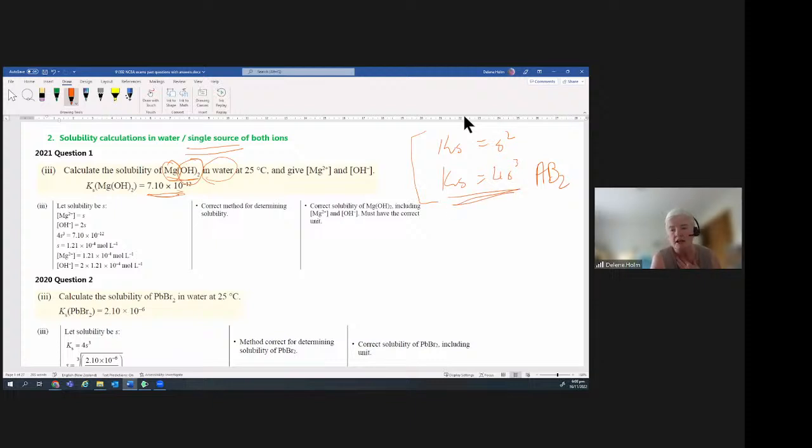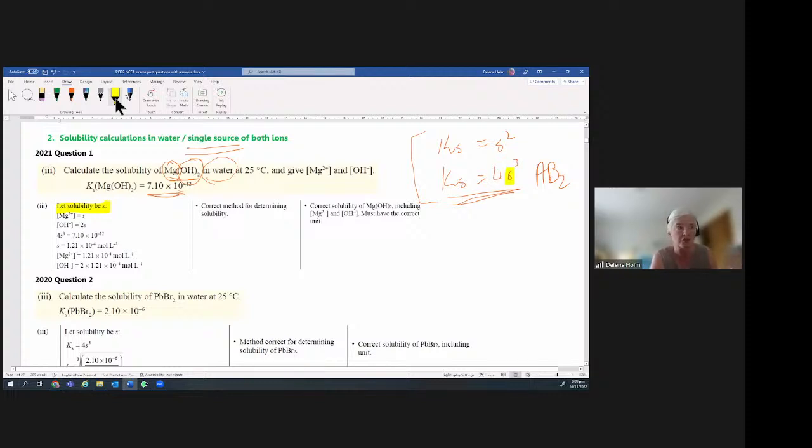Now, it's always a good idea to make a good impression straight away so that the examiner knows, hey, this person knows what they're doing. A lot of students just simply go, KS is equal to 4S cubed, therefore S is equal to, and they spit out the answer. Please say what S is. So let solubility be S. So you're sort of saying what that S stands for.